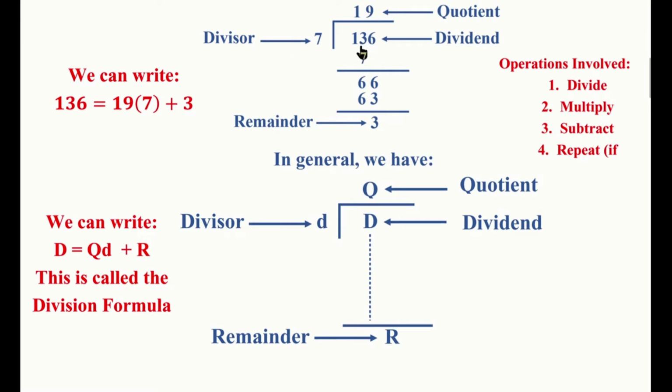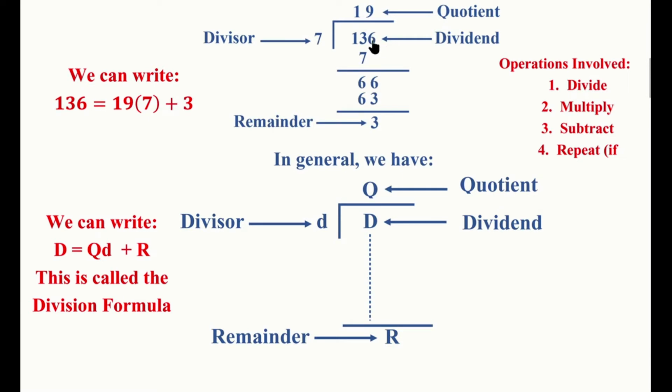So if you recall, if we just want to do a simple problem like 136 divided by 7, the first thing we do is we look to see if 7 goes into 1. It doesn't, so then we check 13, and of course we know 13 divided by 7 does work. It gives us 1, so we write the 1 here, we multiply, we write the answer here, then we subtract.